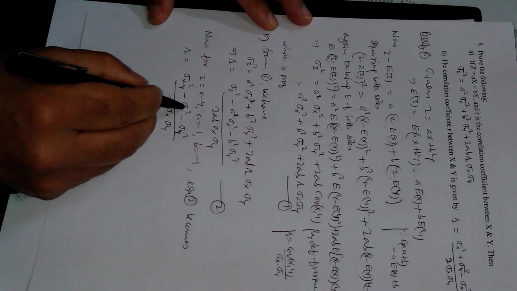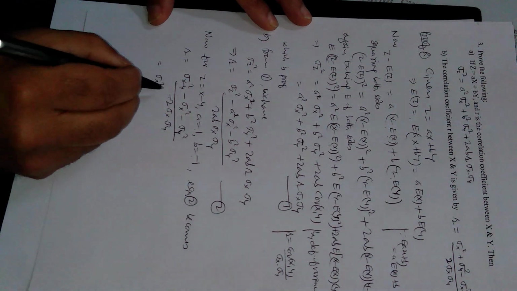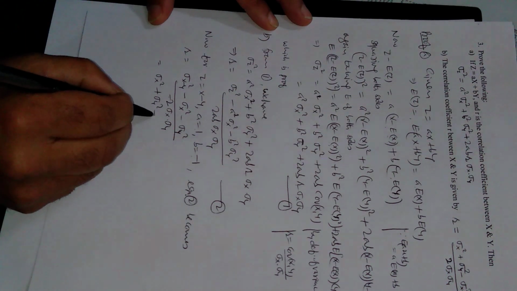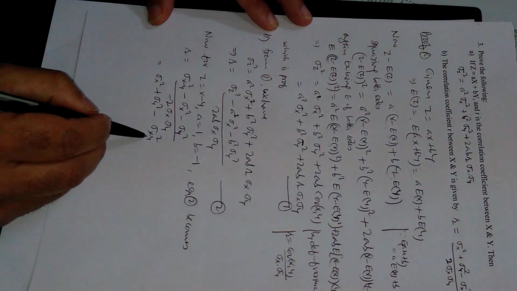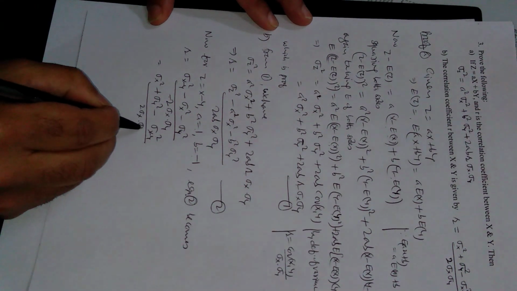Multiply this minus in the numerator, so these two terms will be plus sigma x square plus sigma y square minus sigma of (x minus y), this is variance of x minus y, whole divided by 2 sigma x sigma y.